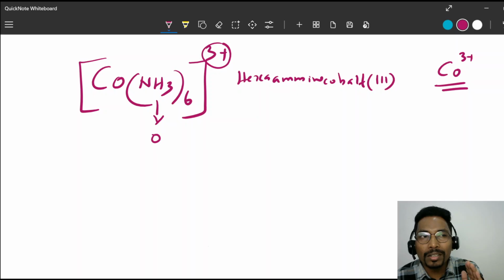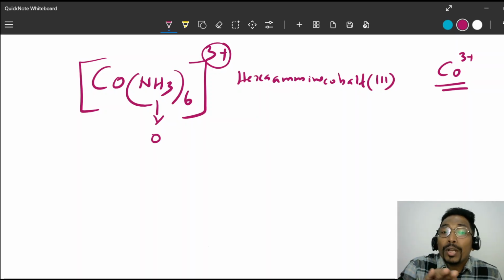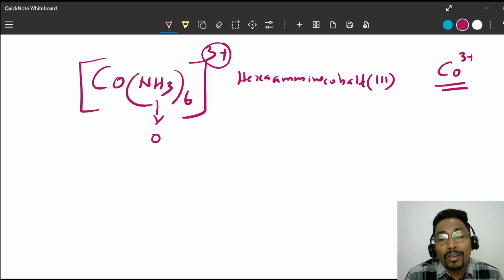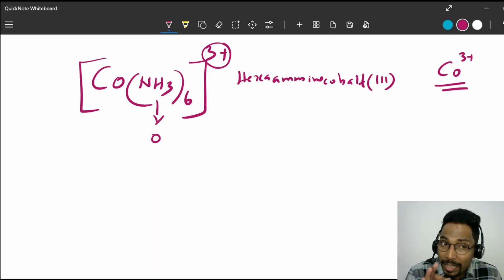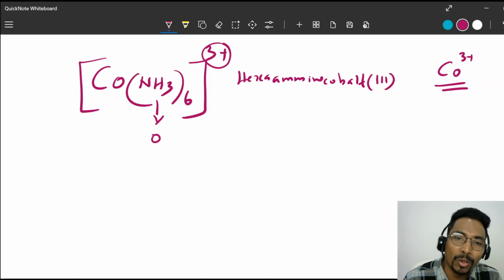I am again repeating this point: you have to know the electronic configuration very well, especially of elements with atomic numbers 21 to 30. This is very important for this chapter and the d and f block chapter.